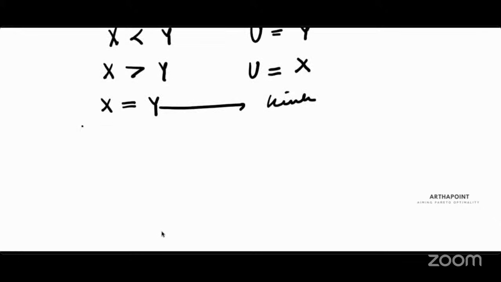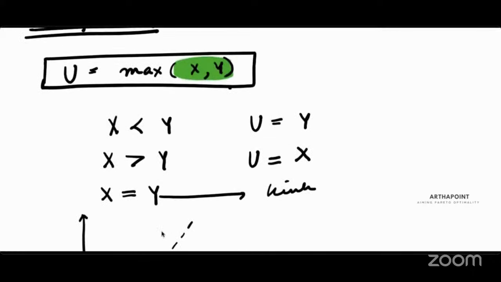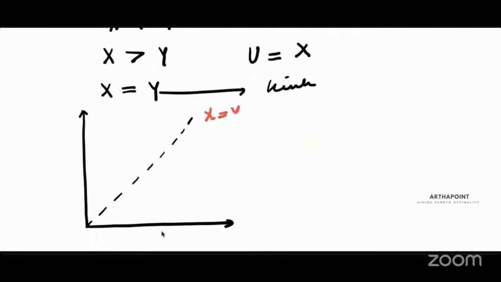So how do I go ahead and draw the indifference curve for this? Now again, this is my line of kink. The line of kink is always derived by equating what comes inside the max function. So here I have equated x equal to y. This is the zone where x is greater than y. This is the zone where x is less than y.